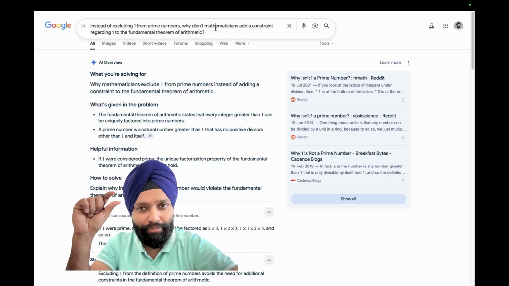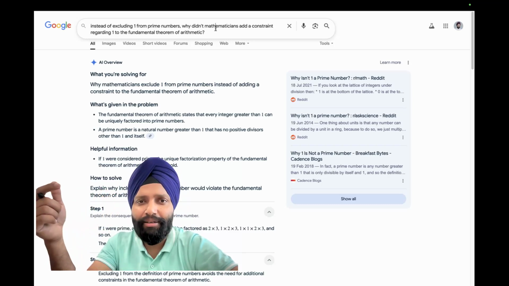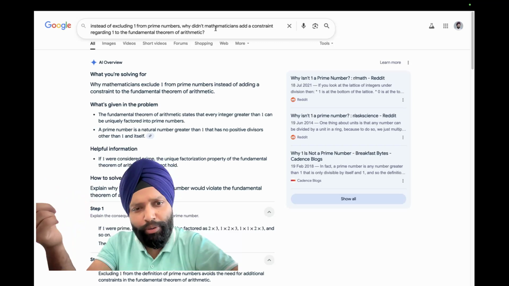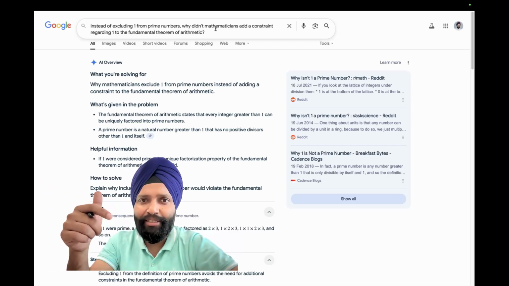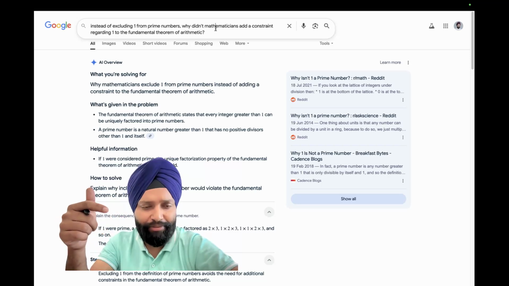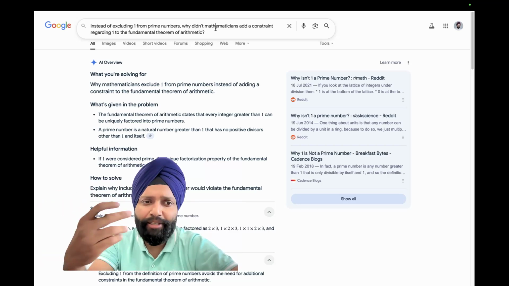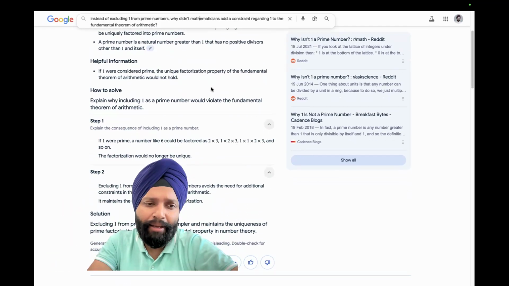So they could have added that greater than 1 constraint in the theorem also. Why didn't they do that?